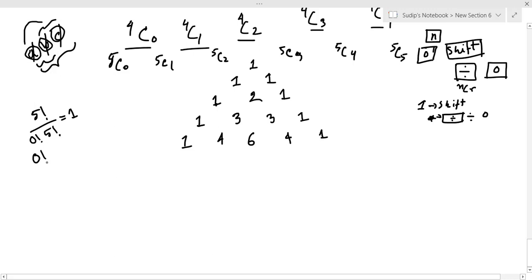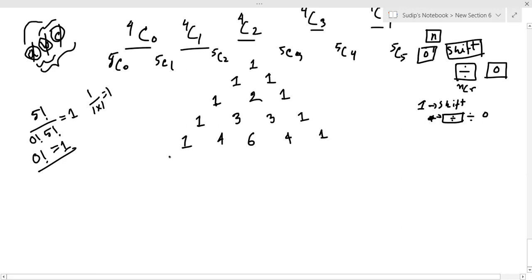Remember it, 0 factorial is not 0, 0 factorial is equal to 1. So 5 factorial by 5 factorial, that is 1, and 0 factorial equal to 1, that is 1 by 1 into 1 equal to 1. So 5C0 is equal to 1.